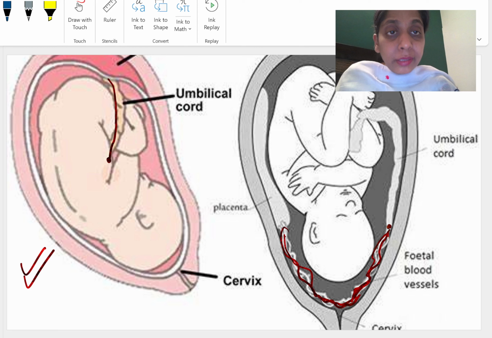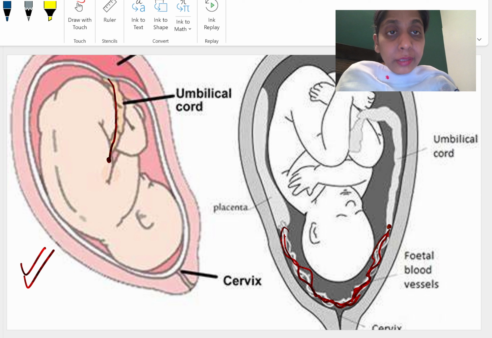So whenever the fetus puts pressure here, the vessels will rupture and bleed. Fetal blood will come out of the vagina. Okay, and it is a serious complication. So it is due to the vasa previa.